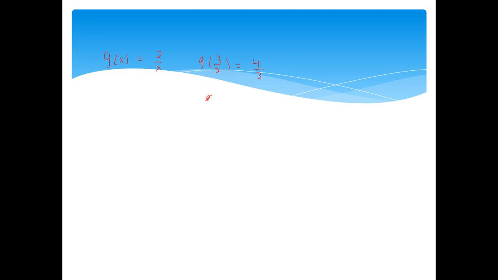And then let's call the other function f of x, f of x is equal to 3 minus x. That means f of 3 over 2 is equal to 3 over 2. So this point, 3 over 2, is in the middle of 1 and 2. It seems that within the interval, this function is larger than this function.